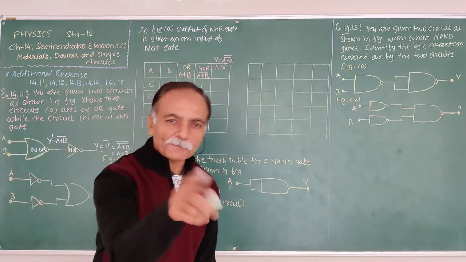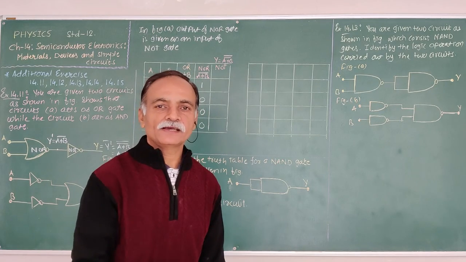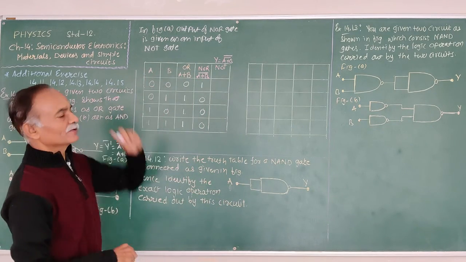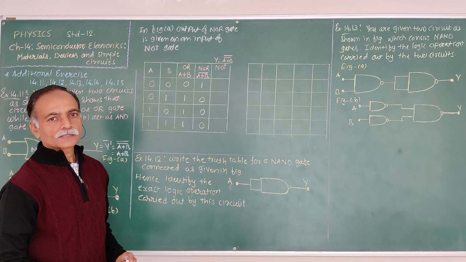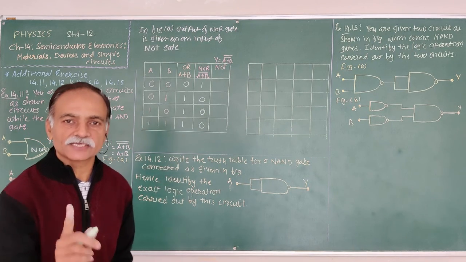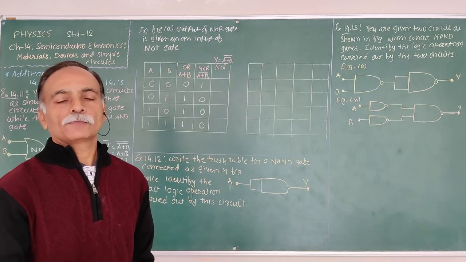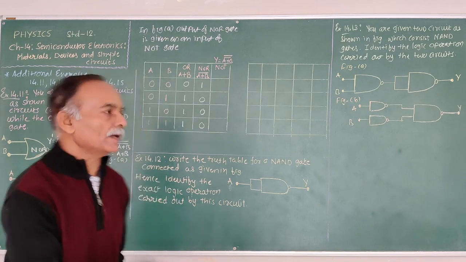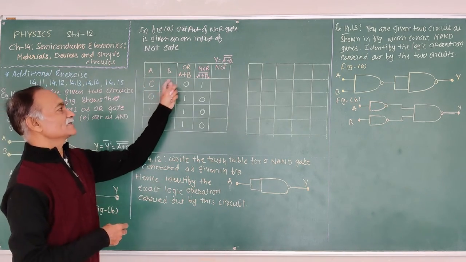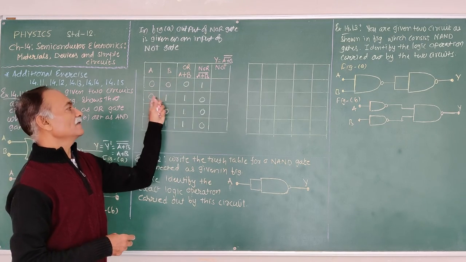Again, the output of a NOR gate is 1 if all inputs are 0. For OR gate 0, 0 gives 0, for NOR gate 0, 0 gives 1. So here both inputs are 0, output is 1, otherwise 0.